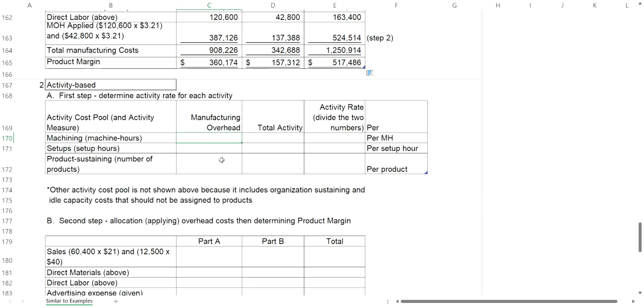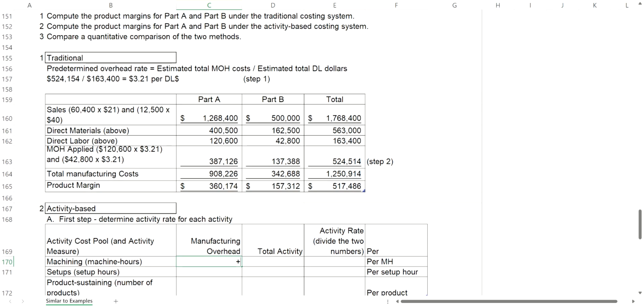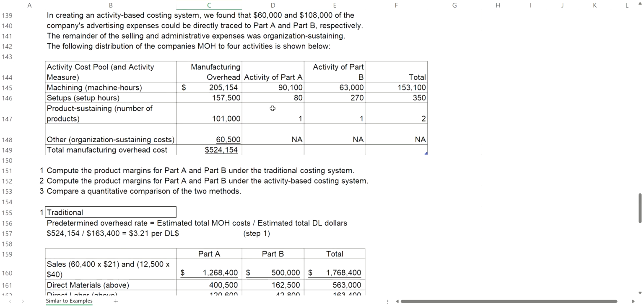It did break down the manufacturing overhead costs for each activity. So machining, if I move up here, it is the 205,154.